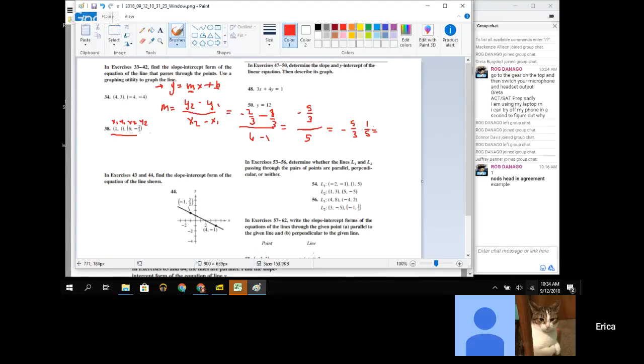So the slope is negative 5 over 15, or negative 1/3. So our slope is negative 1/3. Remember, we started off up here trying to figure out slope, negative 1/3.